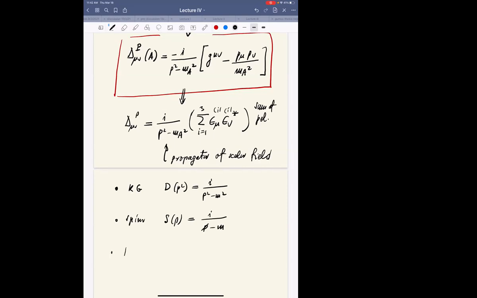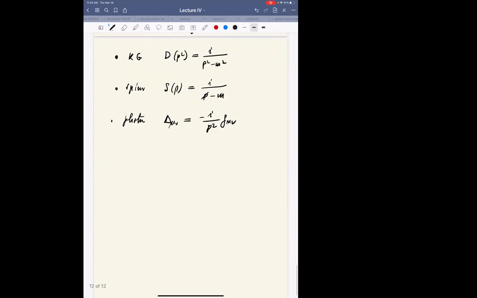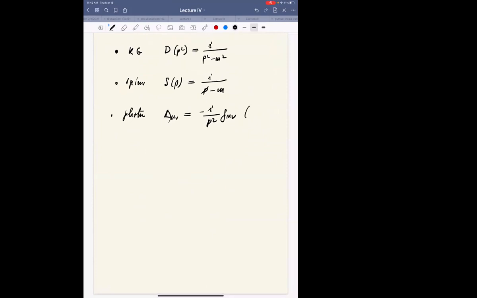If you have a photon, you have a propagator that you can write as 1 over p squared times g mu nu in the gauge that Feynman liked. For example, I can choose this one, call it Feynman.